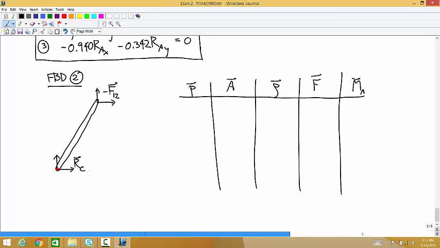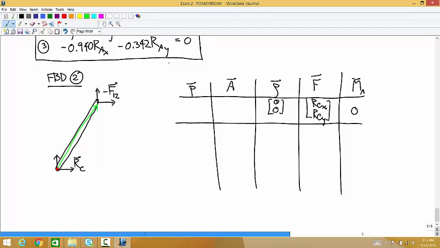So for that force RC, the rho vector is 0, 0. The force vector is RC, x and y. And so the moment's 0. And now the rho vector goes from the about point to the force that you're looking at.